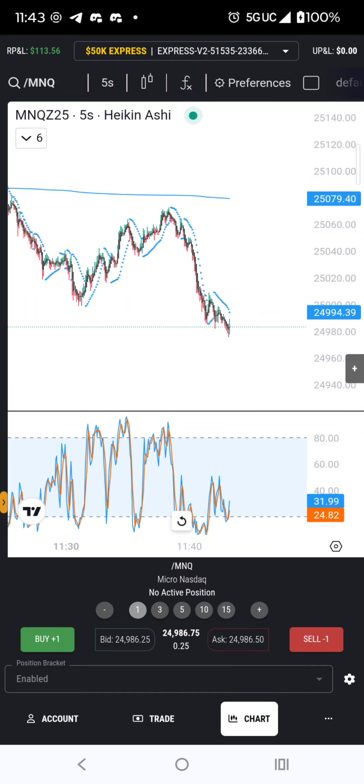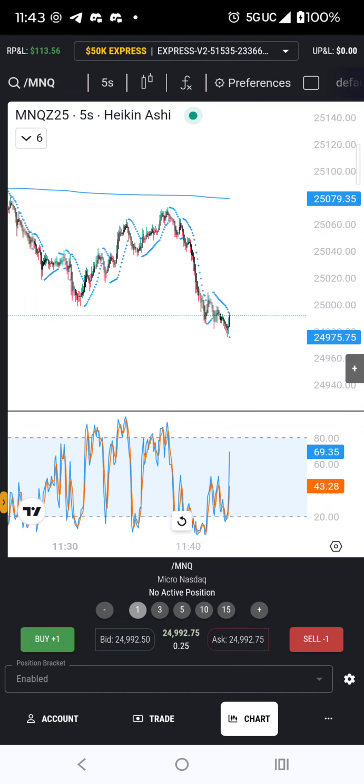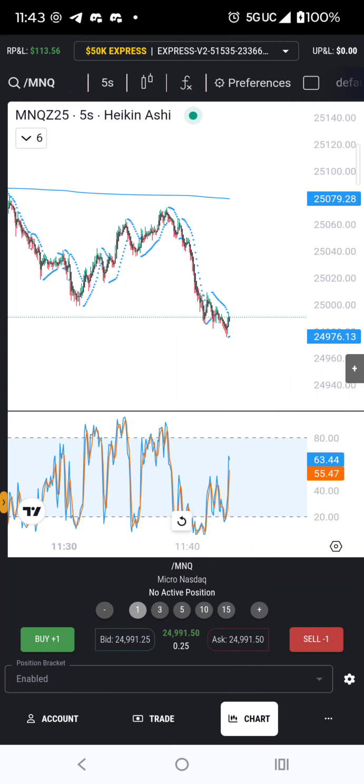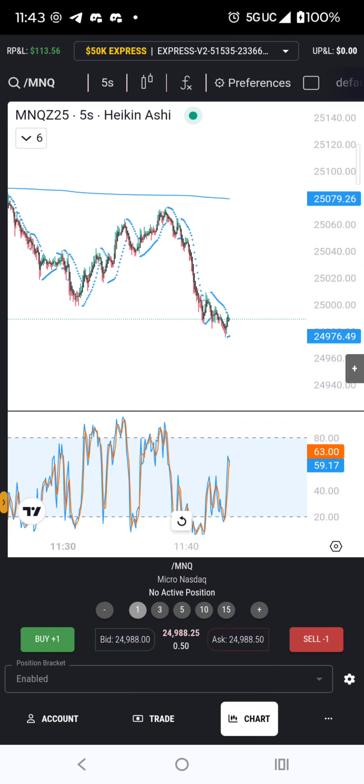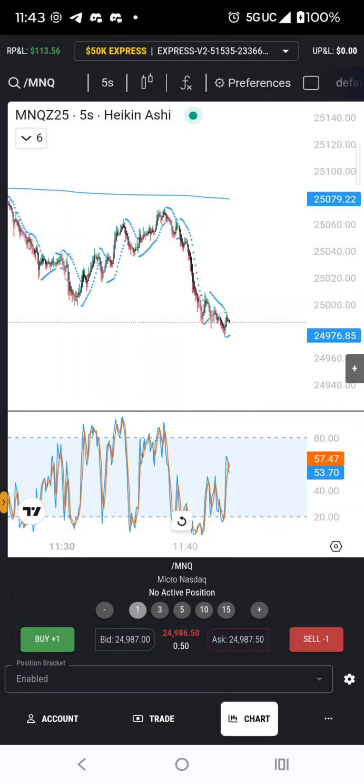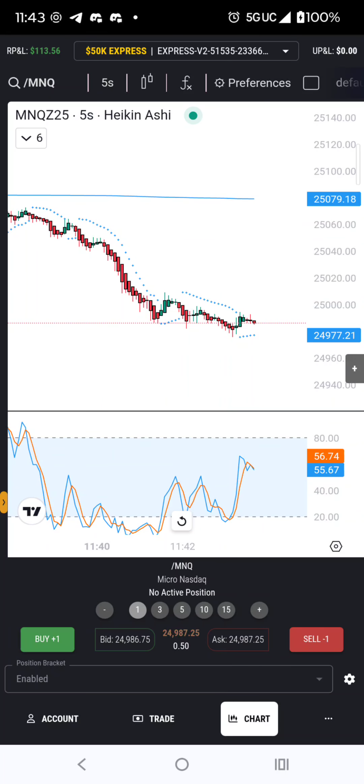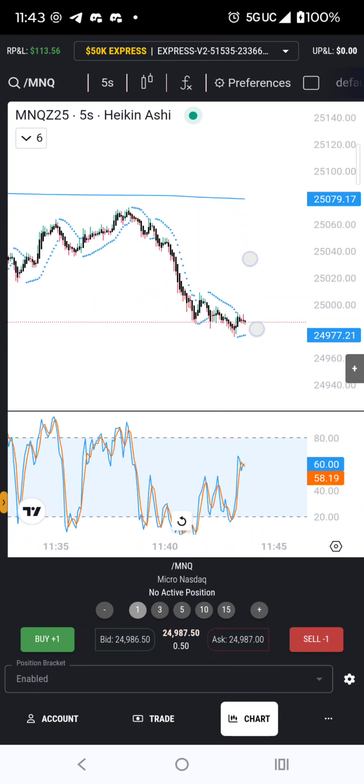So let's wait for a decent pullback. There it is. This is why we don't want to chase it. Wait for a decent pullback, and then we can tap in. And it'll be trying to go home.